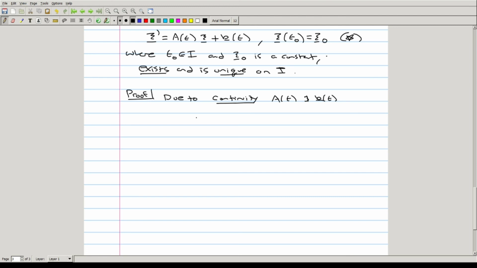And this is simply because if you take the partial derivative of g with respect to any of the variables xi, this will be a continuous function.